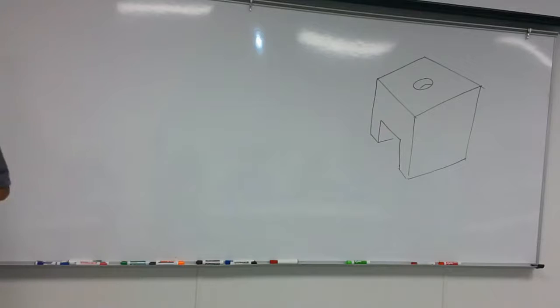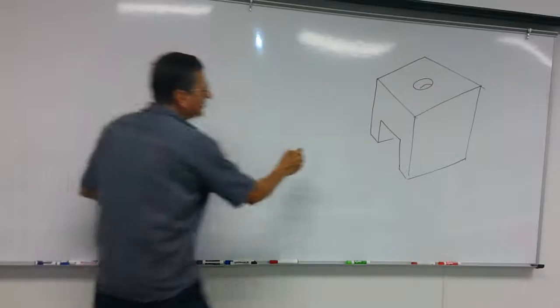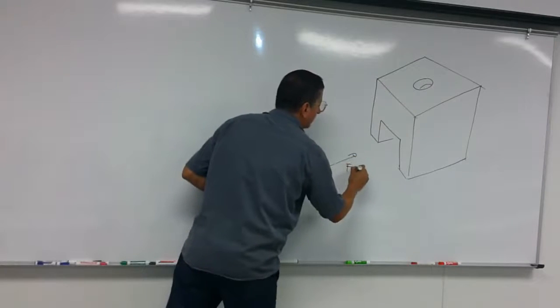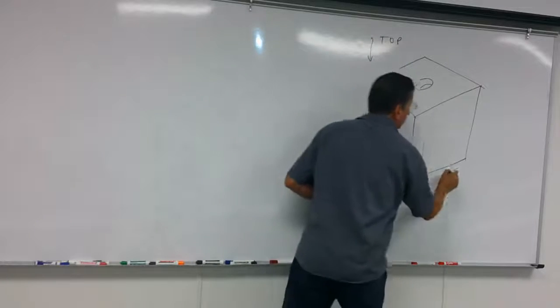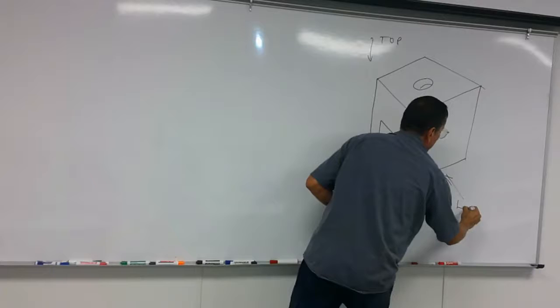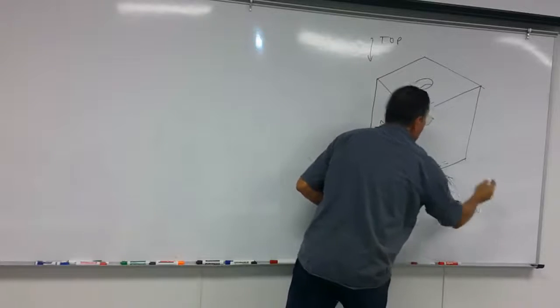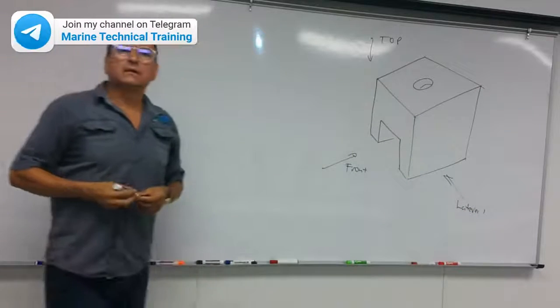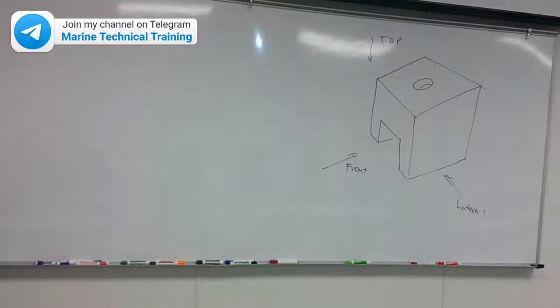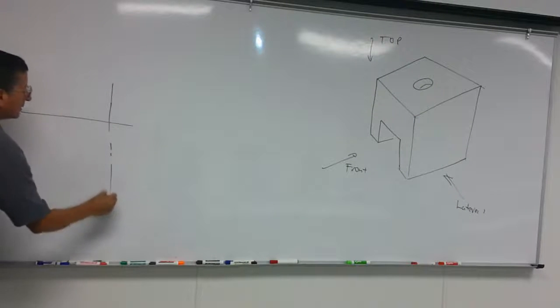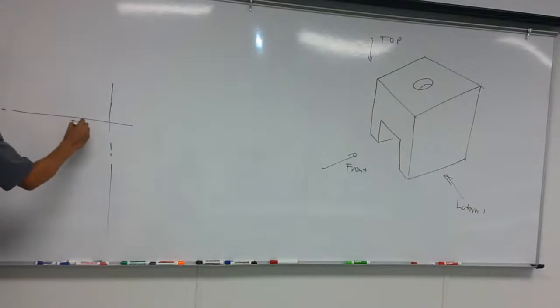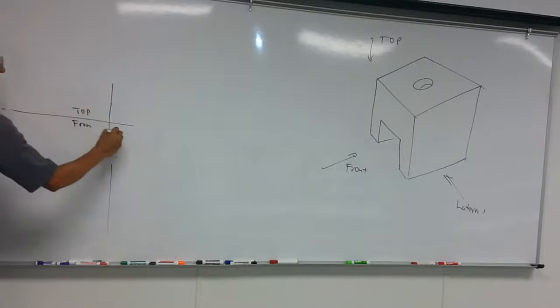That's the picture that you have in your paper. That's the front view, that's the top, and this is the lateral view. Lateral or right side or left side, exactly the same. Okay, we are going to do the divisions for front, for top, and for lateral.